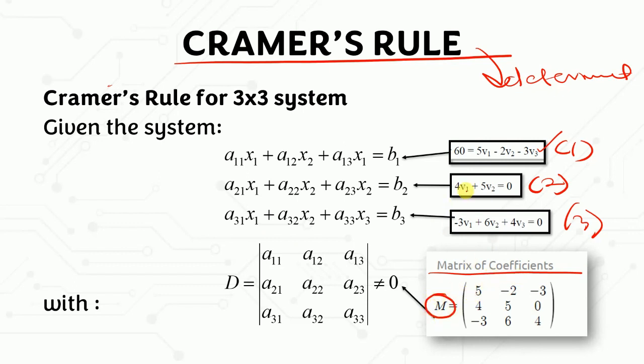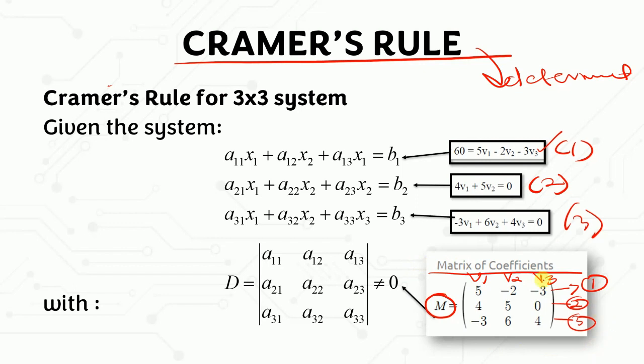This is for V1, this is for V2, and this is for V3. This is equation 1, equation 2, and equation 3. For equation 1, it will be 5, -2, and 3 for V3.